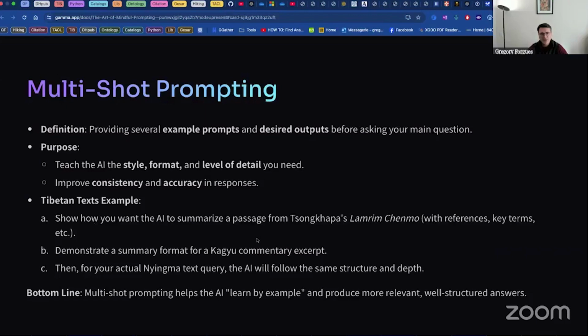Multi-shot prompting is another strategy. Here you can have a look at the slide maybe later, but it's basically a prompting strategy that relies on several prompts from the onset. The way you think of your prompt will integrate, from the beginning, these more complex structures of prompting. So here you can, for example, ask the AI to summarize a passage. Here the example is about the Lamrim Chenmo, and then demonstrate a summary format.